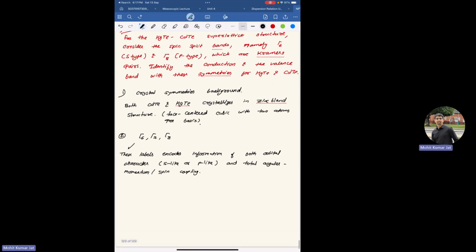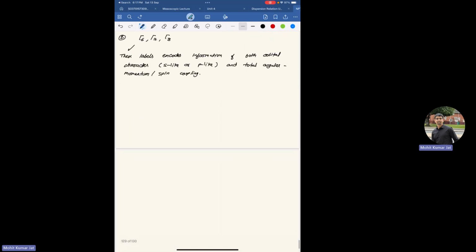So if I ask you what is the physical context of the gamma label?